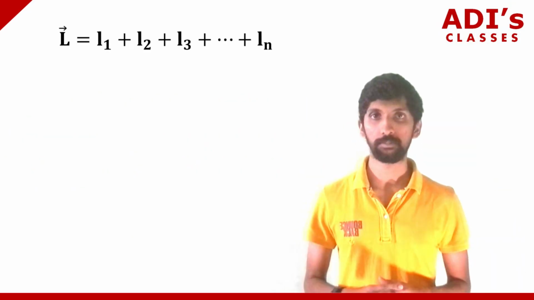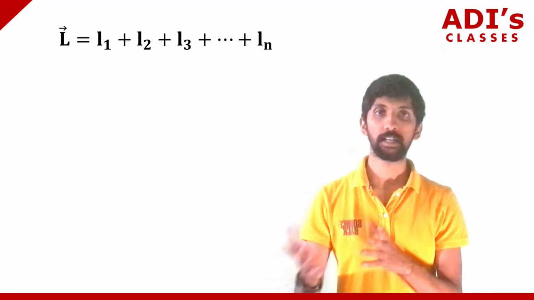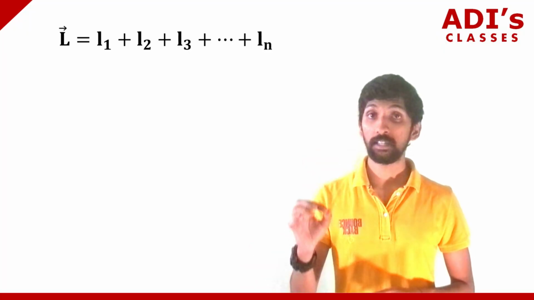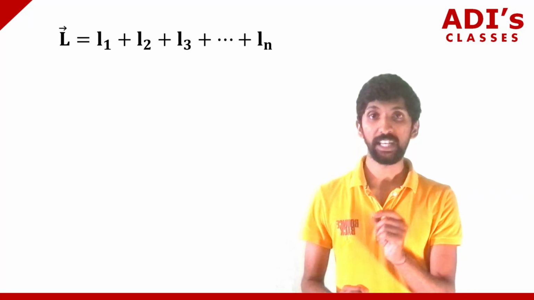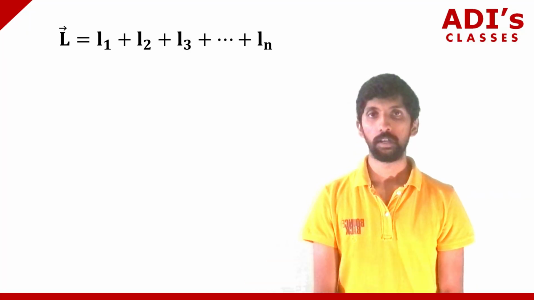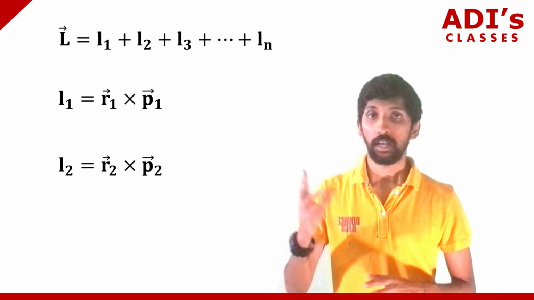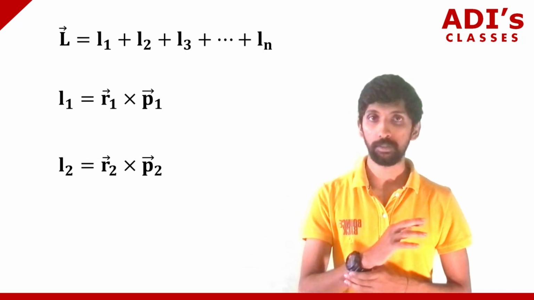Here also the same thing. We have L is equal to L1 plus L2 plus L3 till Ln, meaning the angular momenta of each particle, since we have n number of particles. Now we have L1 is equal to R1 cross P1, L2 is equal to R2 cross P2.